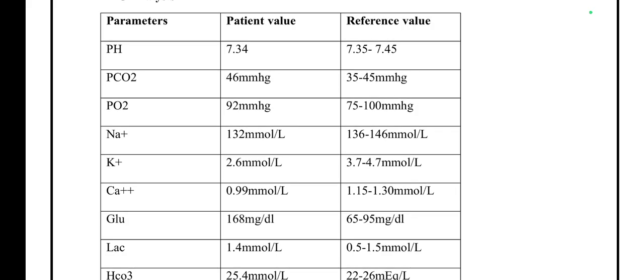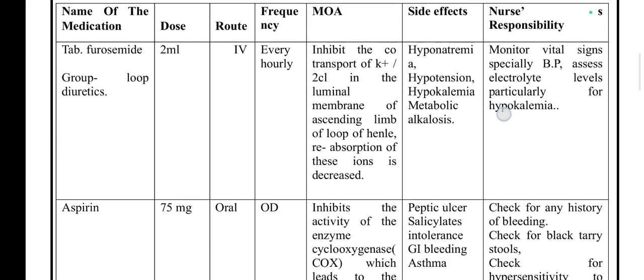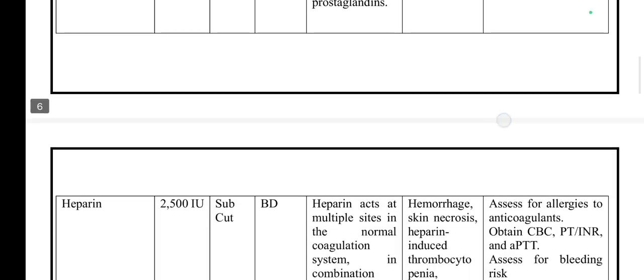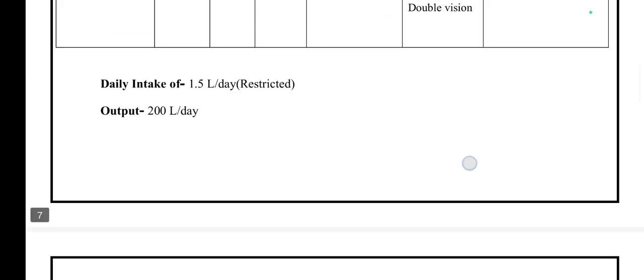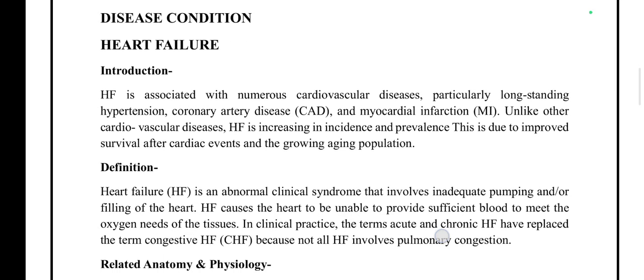Then you have to mention the ABG analysis, arterial blood gas monitoring, and the patient's values should be mentioned. Then the medications: you have to explain the medications with the mode of action, side effects and specific nursing responsibilities. After that, the patient's daily intake and output should be mentioned.